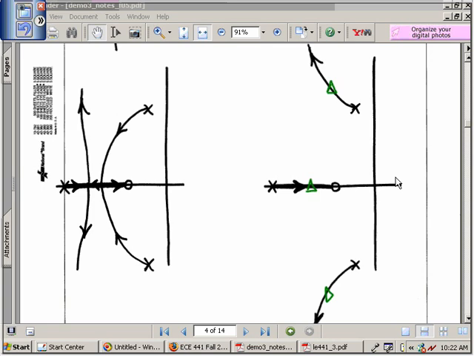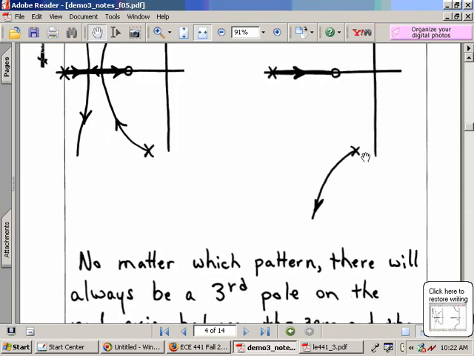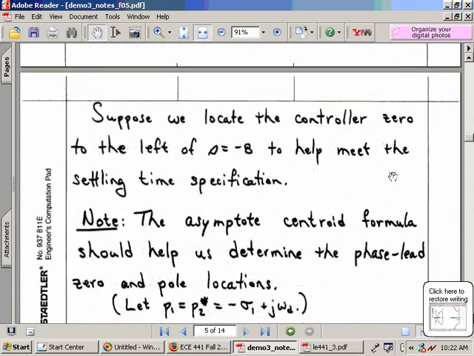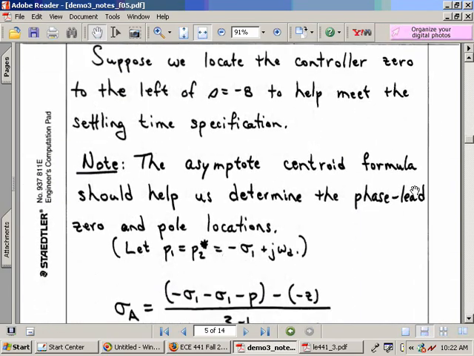We're going to have those three poles, and what we want is to make sure that this pole and those two poles are to the left of this vertical line, which is a distance, let's say 8, away from the origin.